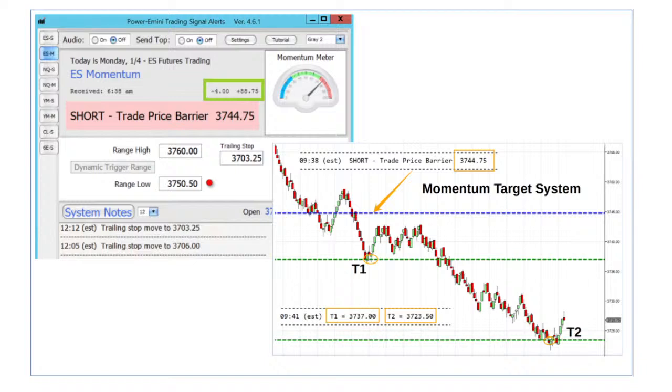Now, the momentum breakout target system, again, the desktop alert software, what's nice about it, you can have that sit on your desktop on one of your monitors, and you can be looking at your charts elsewhere. And the software is going to give you all the pertinent information that you need to be able to follow this mechanical system.